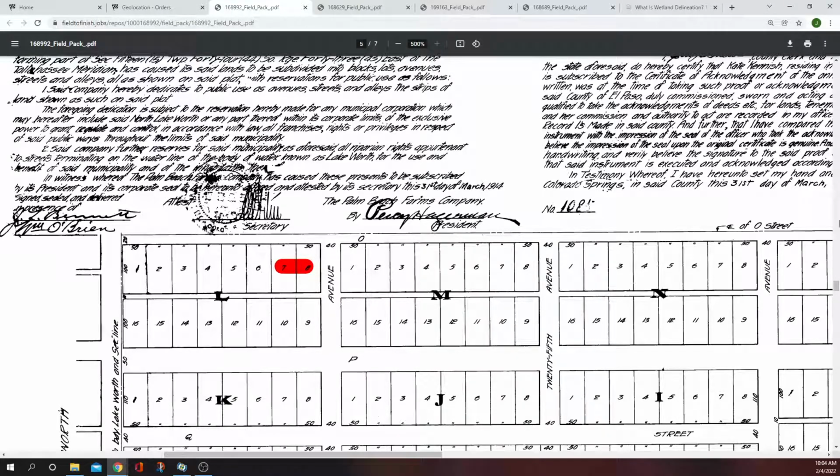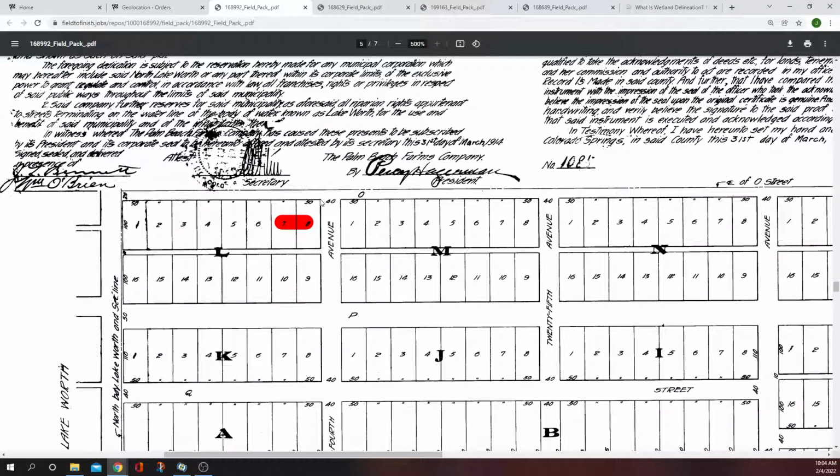Again, you can use the aerial to help you, but the plat is also what you're going to use to measure from. Now it says 20-foot right of way on this side from the center line, and 20-foot right of way on this side from the center line. So I would go to the main corners of the block here.